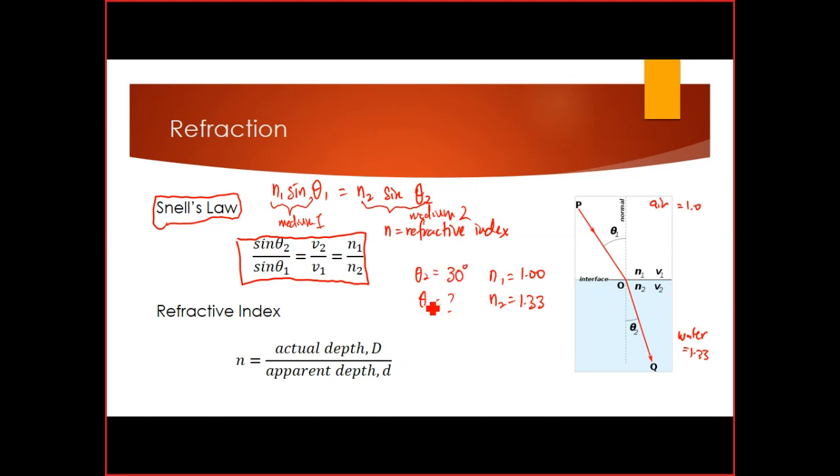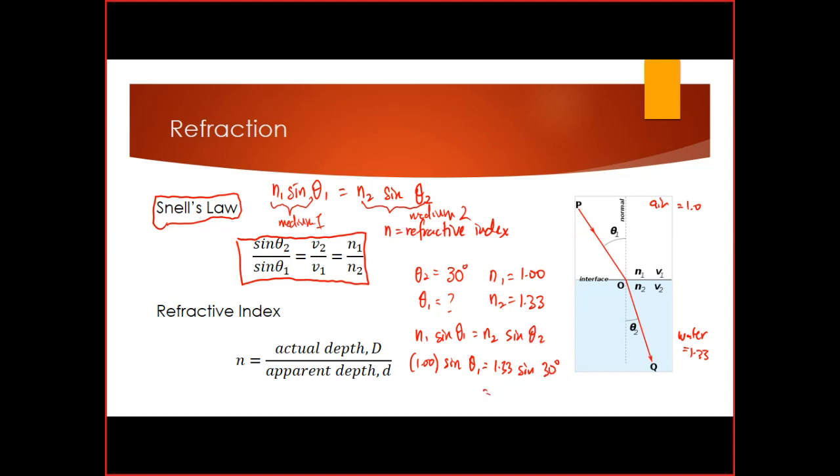Just use the formula n1 sine theta 1 equals n2 sine theta 2. N1 is 1, the refractive index in air. Theta 1 is unknown. N2 is 1.33, and theta 2 is 30. So 1.33 times sine 30.